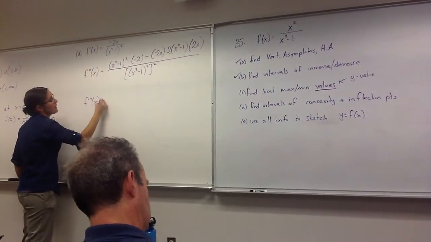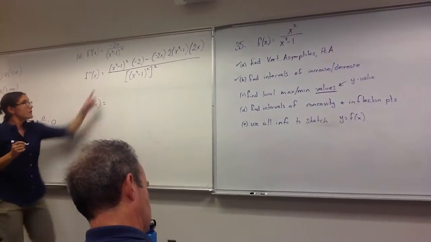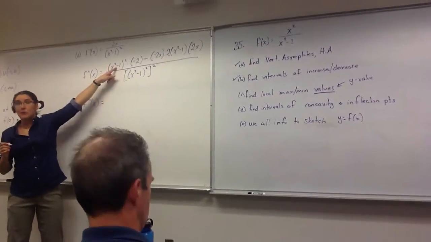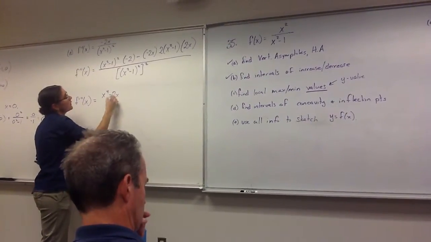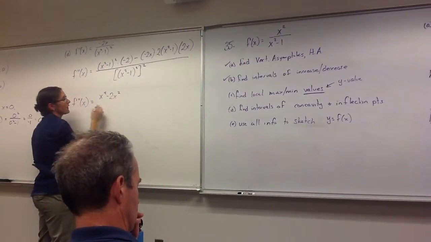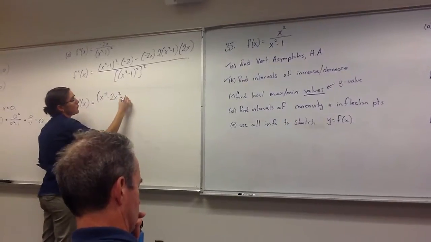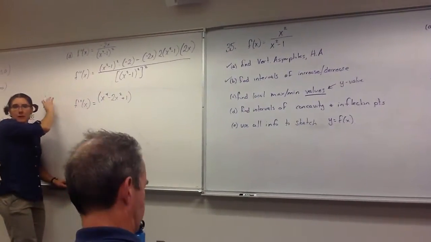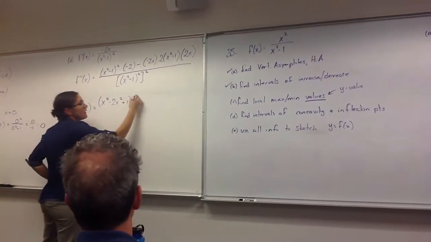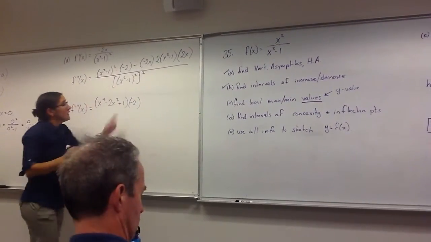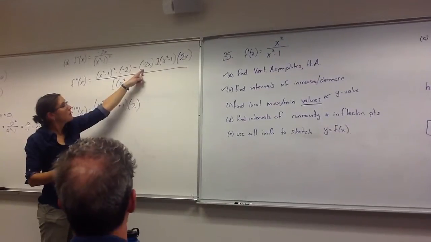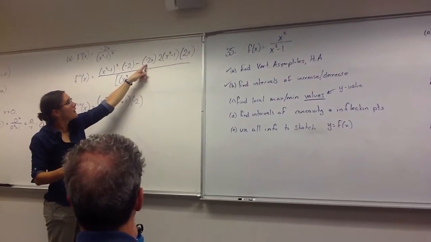So f double prime of x. First I'm going to FOIL out the x squared minus 1, so that will be x to the 4th minus 2x squared plus 1. And you can double check that by maybe expanding it out on the side. All of that times negative 2. And then over here, there's a lot of stuff to multiply together.